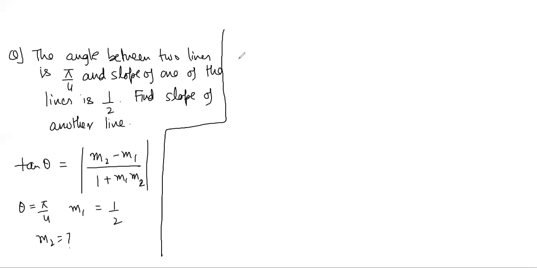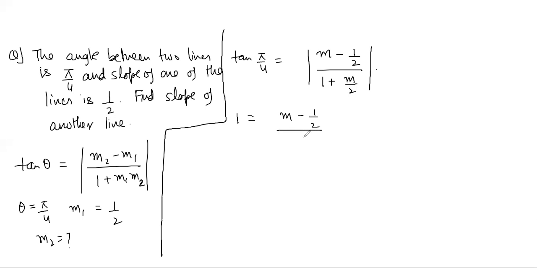So tan theta is tan of pi/4, equal to mod of m2 minus m1. m2, let us call it m, minus m1, 1/2, upon 1 plus m/2. Tan of pi/4 is 1. So 1 is equal to m minus half upon 1 plus m/2.